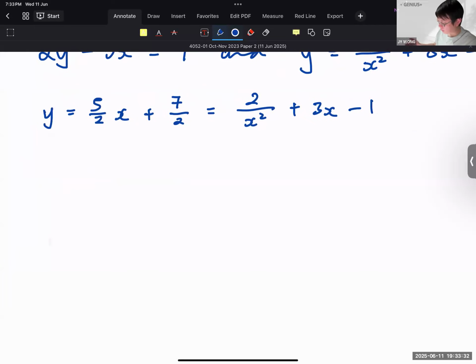Therefore, when I simplify this, I will end up with 2 over x squared plus 3, then minus 5 over 2 is minus 2.5, so I have 1 over 2 x minus 3.5, 4.5, equals 0.